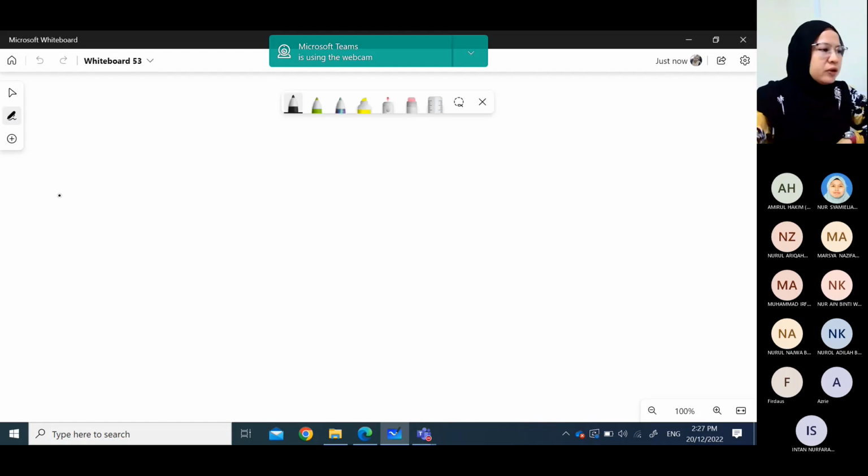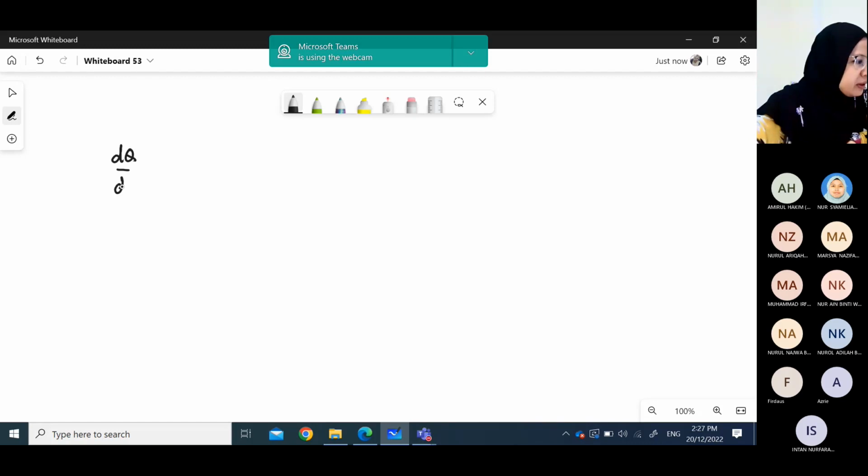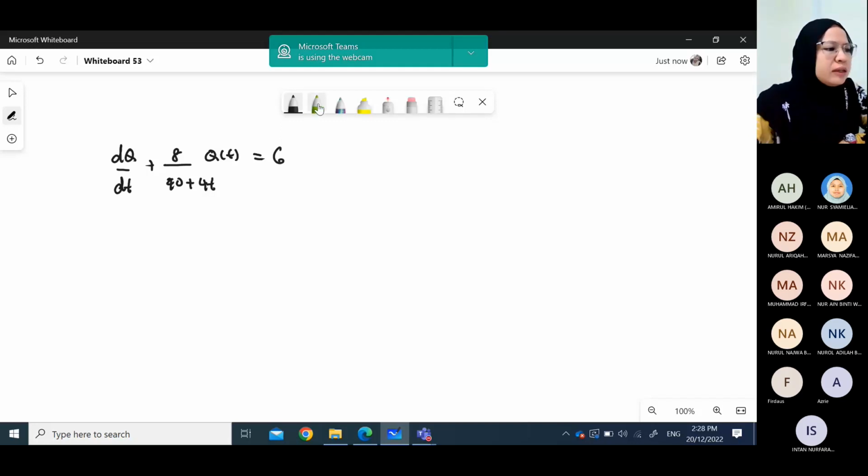Okay, tadi kita ada equation ni: dq/dt plus 8 over 40 plus 4t, q of t equivalent with 6.